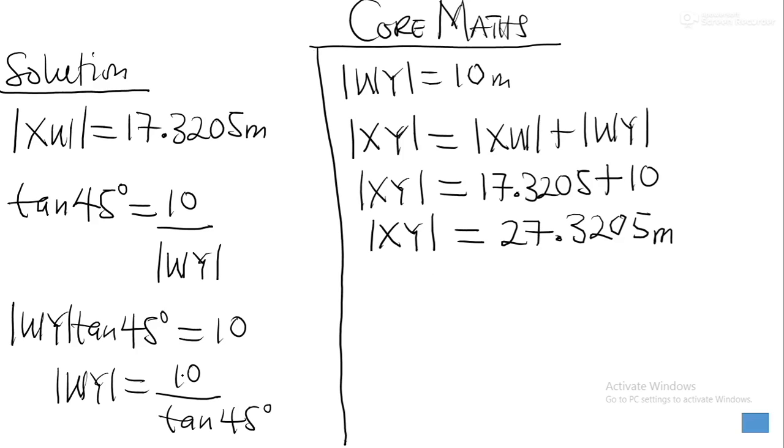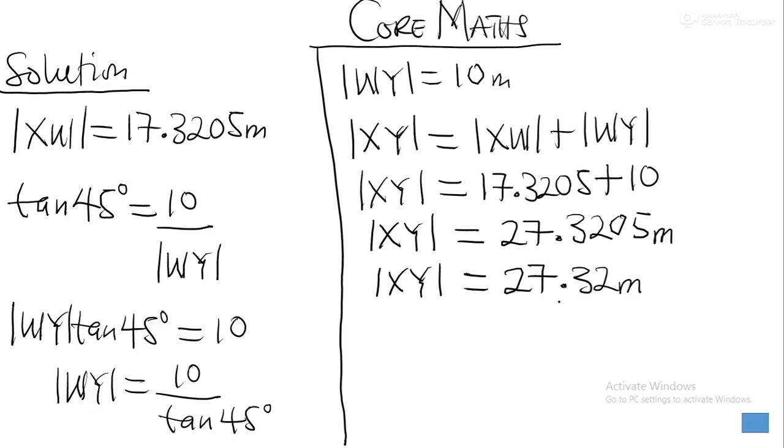Good. But the question says we should leave our answer to 2 decimal places. So changing this one to 2 decimal places, we are going to have XY equal to 27.32 meters. So students, this is the answer to the question.